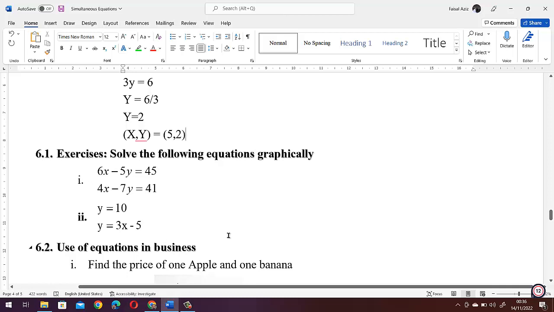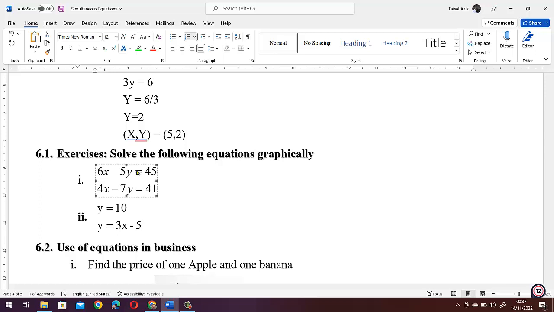Solving these equations through a graph, I've already explained. If you want to solve these equations using a graph, you will have to pick this equation and calculate the values of x and y. First you can assume any value of x and calculate the value of y, and then assume any value of y and calculate the value of x.